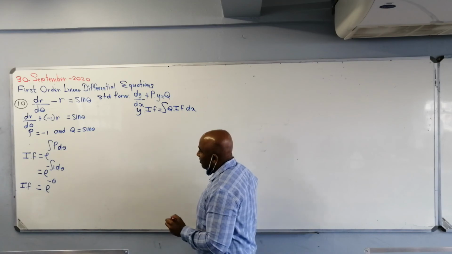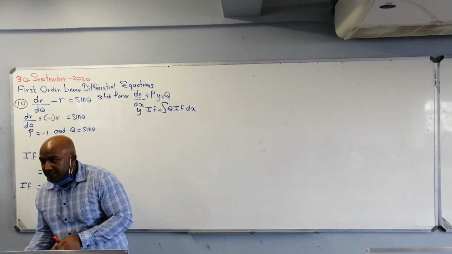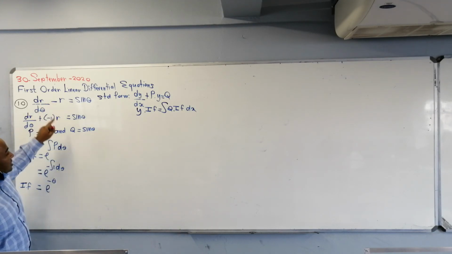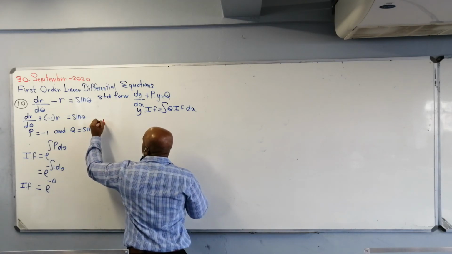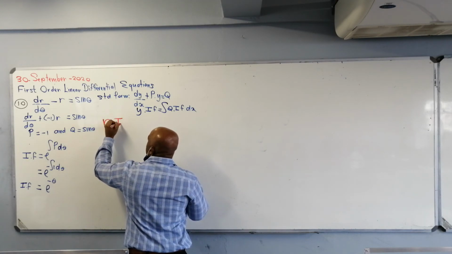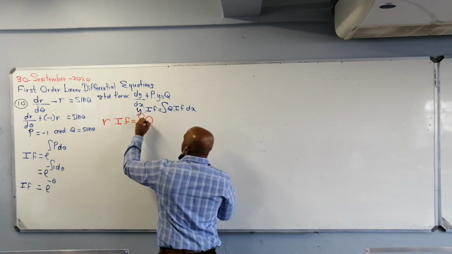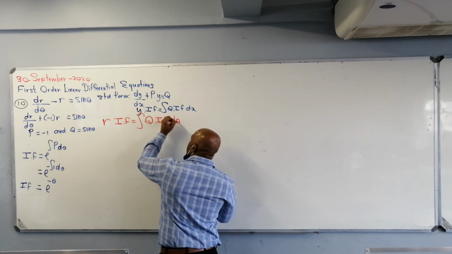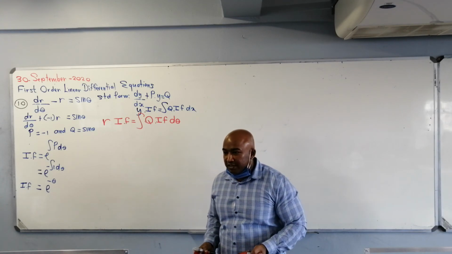Now this is based on y and x, but in this case we have r and theta. So you will write down r times your integrating factor is equal to the integral of q times your integrating factor d theta. It's just that the letters have been changed.